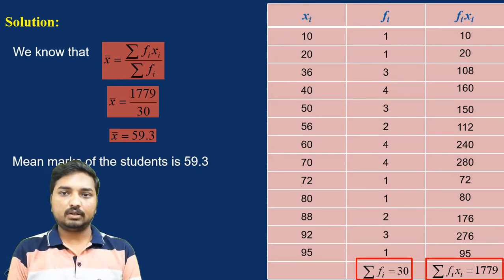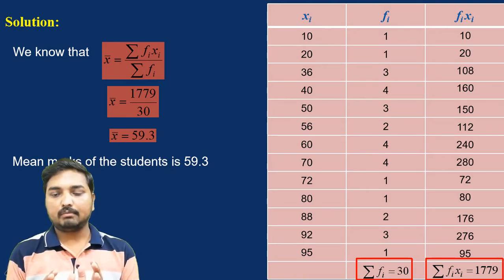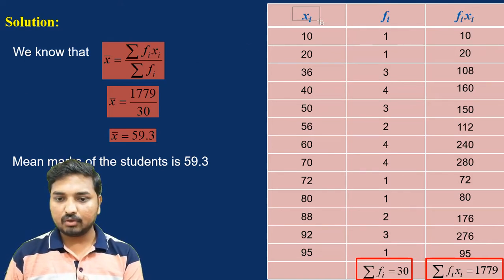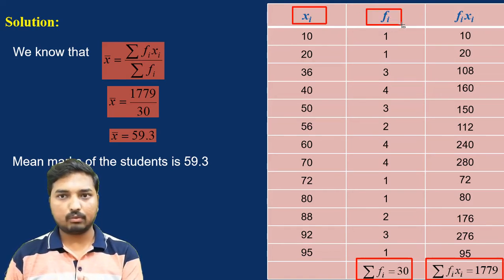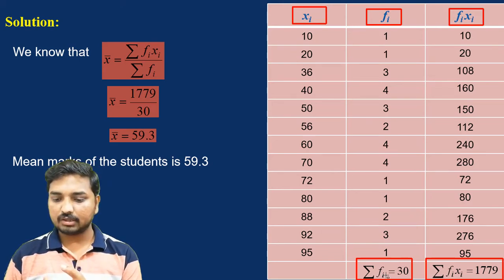I hope the problem is very clear to you. The direct method means the table should be like this. Remember, in the direct method 3 columns will be there. First column Xi, second column is frequency. The first 2 columns will be given in the problem itself. You need to generate only one column, that is Fi into Xi, and also summation Fi.